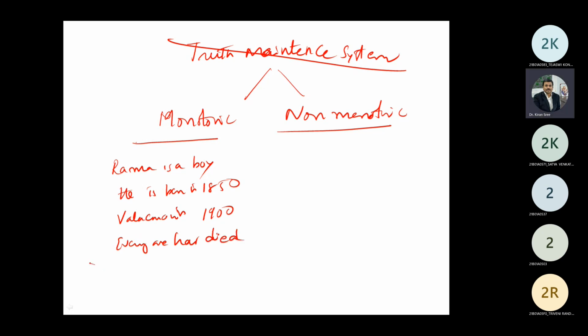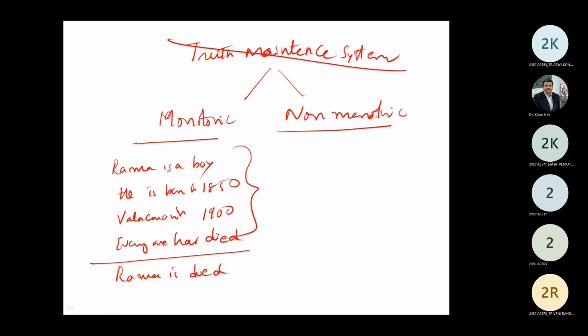So what is the conclusion that we can make? Rama is also no more, Rama is also dead, is the conclusion that we can make from the statements. So whatever data that you add to the system, this inference will not change.